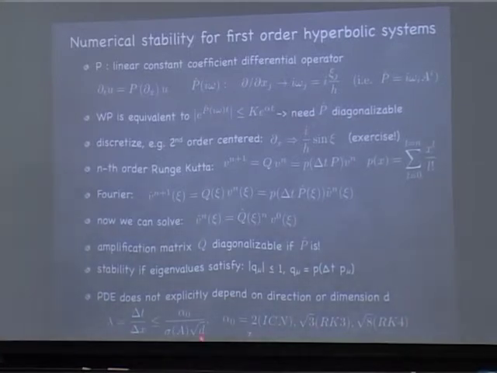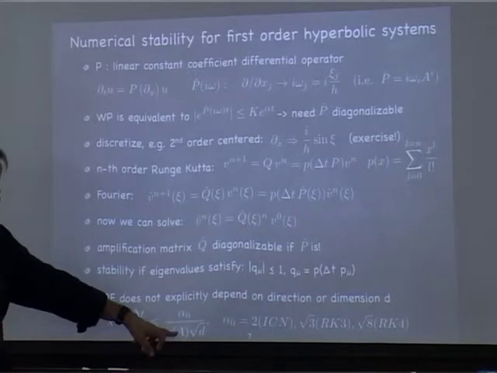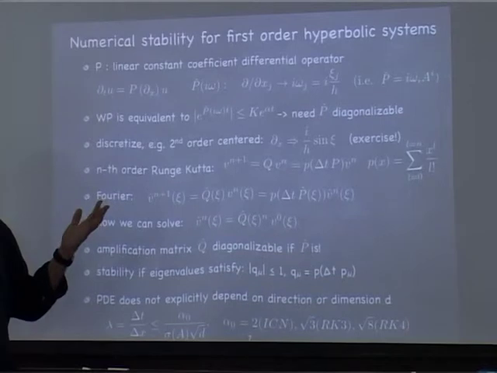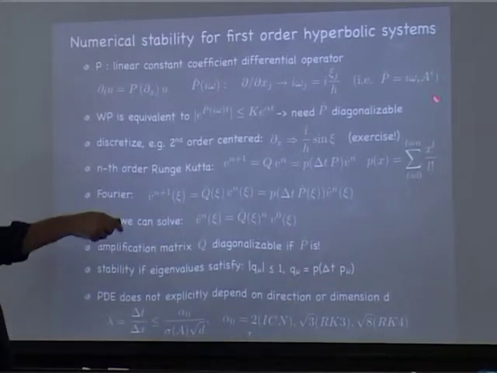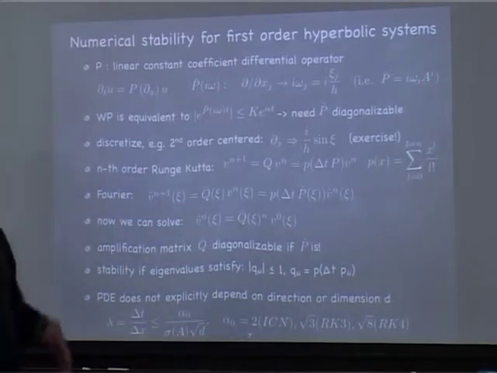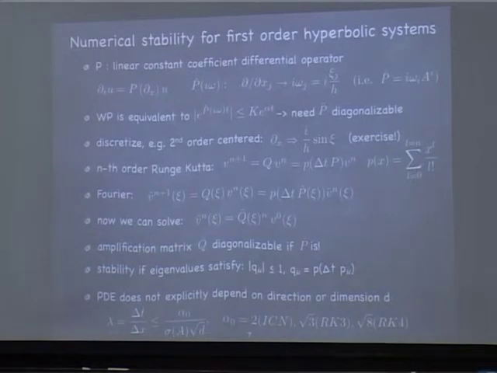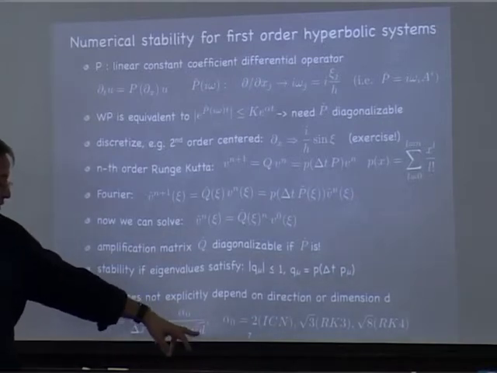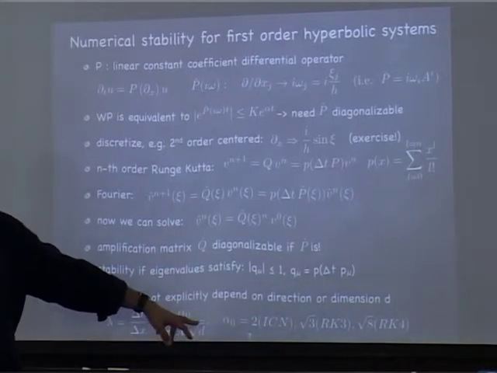And then you have two more factors. It's the spectral radius of your original operator, something which depends on the eigenvalues of this matrix A, which in practice is easy to compute for the wave equation, but very complicated for the Einstein equations. And then there's a factor which is the square root of the spatial dimension.